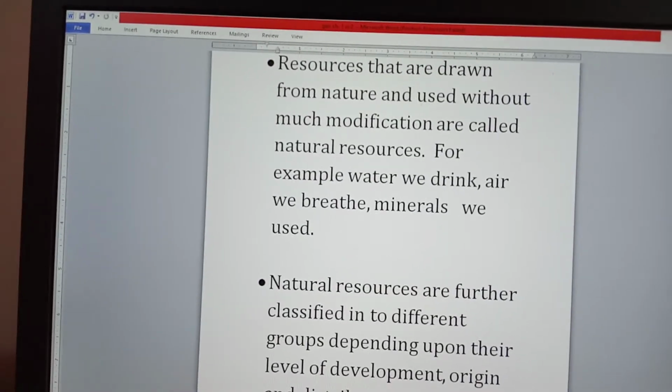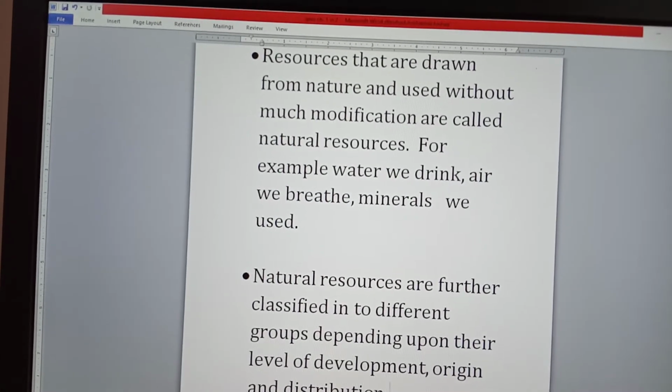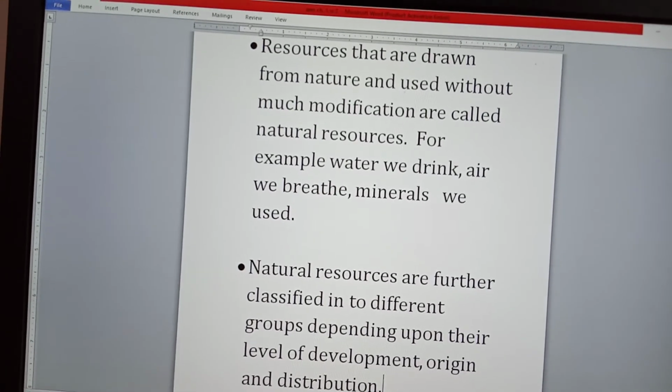What is a natural resource? Resources that are drawn from nature and used without much modification are called natural resources. Air we breathe and water we drink are natural resources. Please write down our first important point. Natural resources are resources drawn from nature and used without much modification.